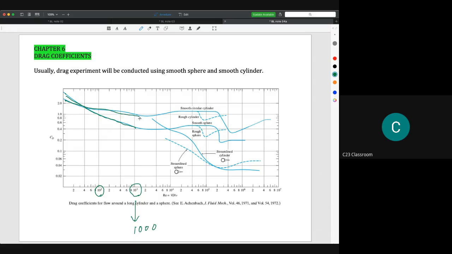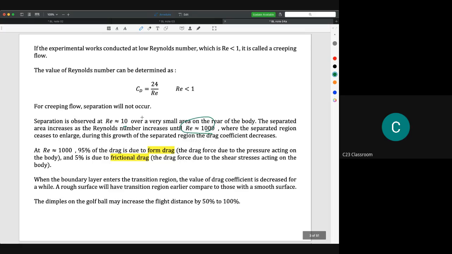For both the smooth cylinder and the smooth sphere, the drag coefficient is reduced. At a Reynolds number equal to 1000, 95% of the drag is due to form drag, the drag force due to the pressure acting on the body, and 5% is due to frictional drag, which is the drag force due to the shear stress acting on the body.